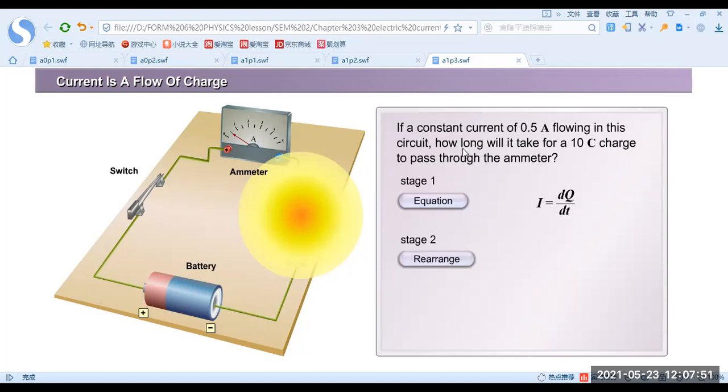So dt is equal to q over I, which is 10 over 0.5. Substituting all the values into the equation, we get 20 seconds. So we need 20 seconds to allow 10 coulombs of charge to flow at 0.5 ampere.